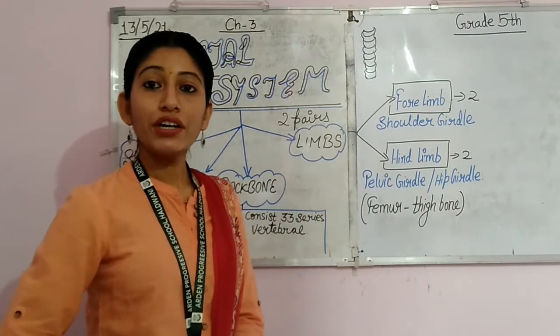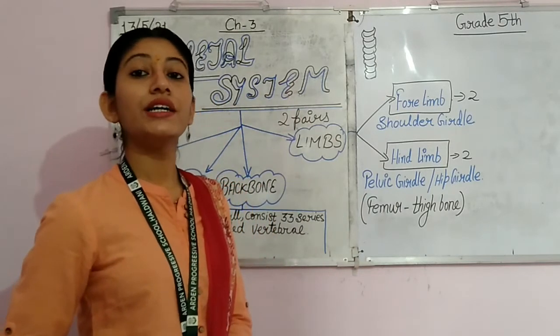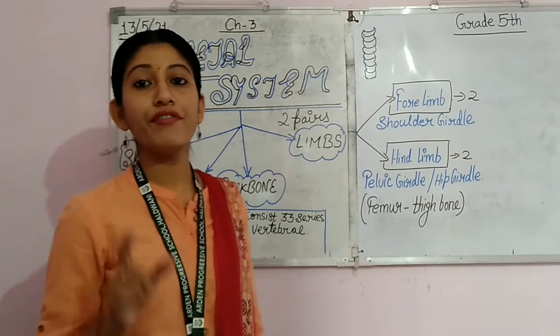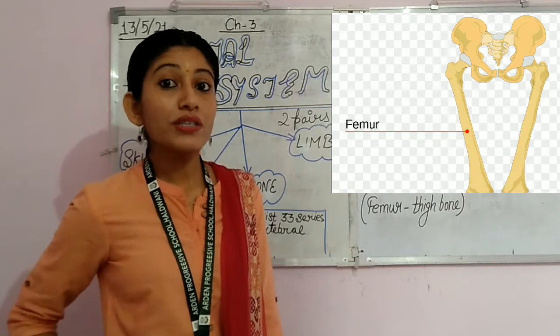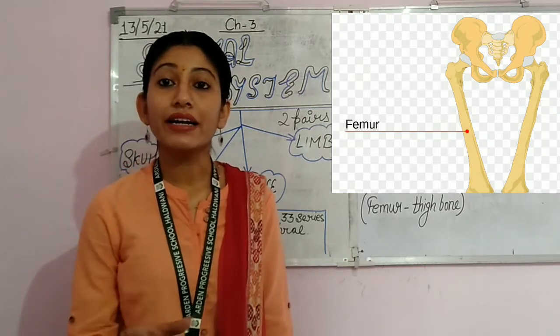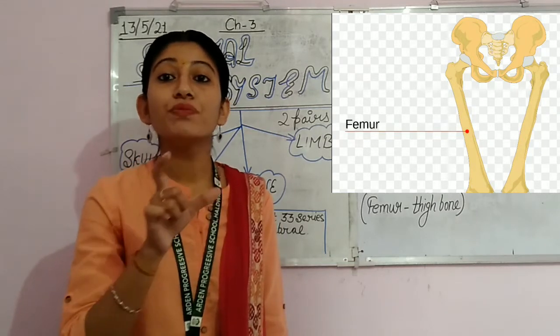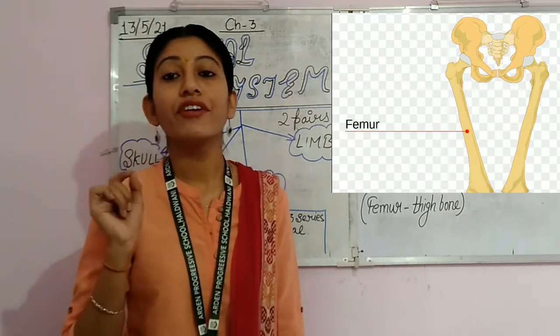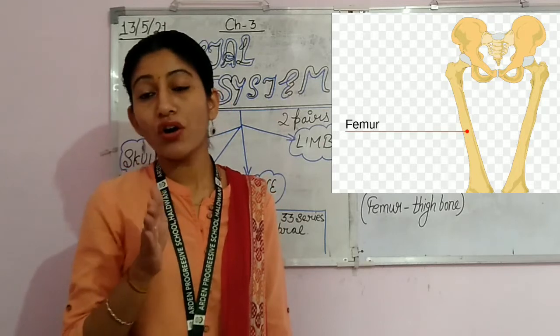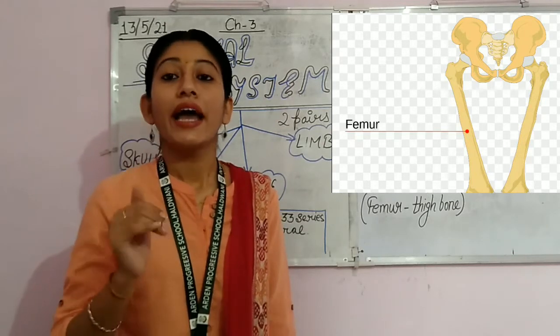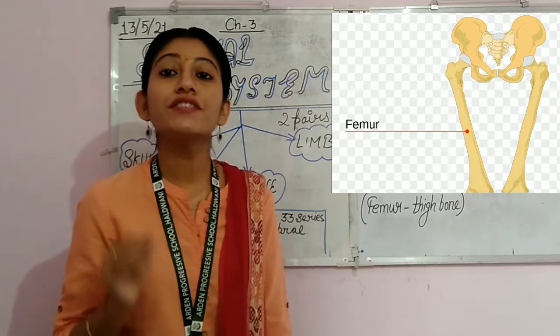Now, when we talk about the pelvic girdle or hip girdle, we have a bone below the pelvic girdle that is the longest bone of the body, and we call it the thigh bone. The name of this thigh bone is femur.